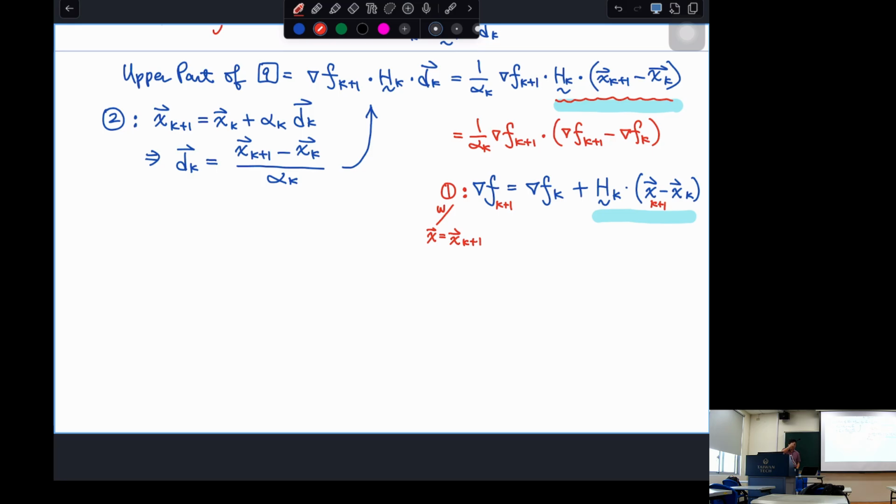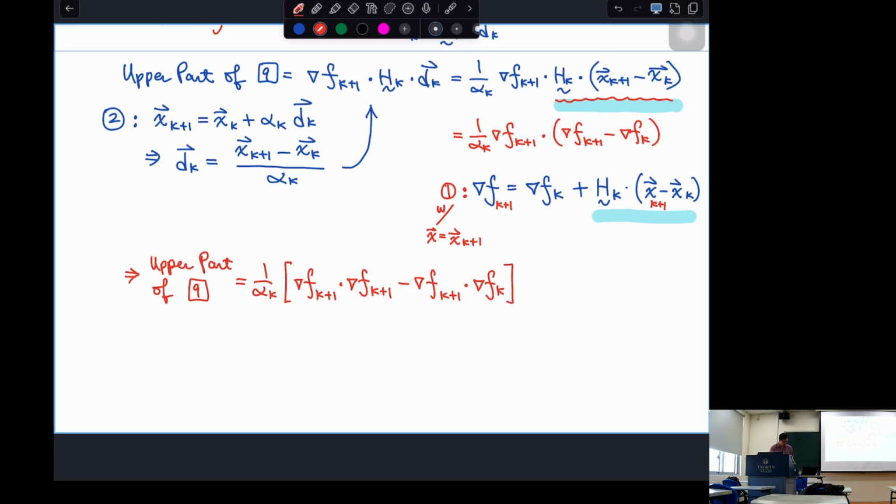So at the end, that upper part of 9 becomes 1 over alpha k times gradient f k plus 1 dot gradient f k plus 1 minus gradient f k plus 1 dot gradient f k, if I expand and open up all the terms.